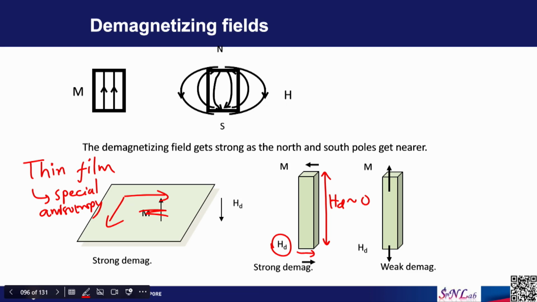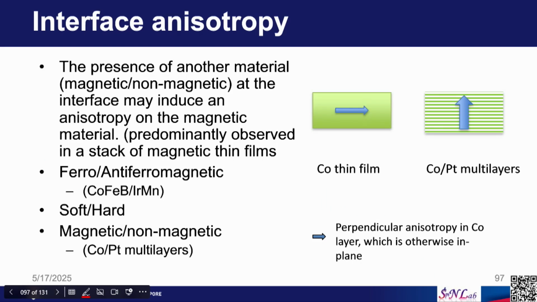Here is a weak demagnetizing field if magnetization is along this direction, but if magnetization is along this direction, there is a strong demagnetizing field. This is the concept of shape anisotropy. Any questions so far?